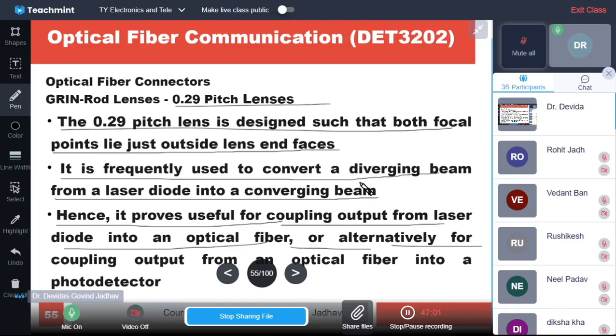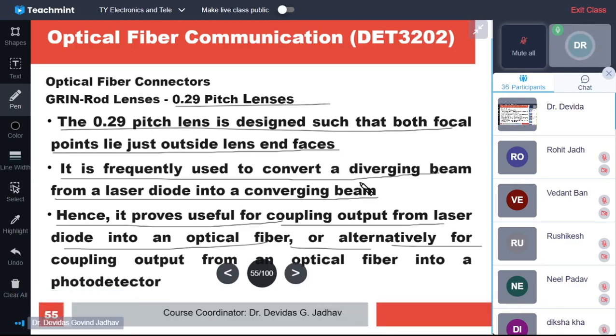Naturally, first they developed the 0.25 pitch lens, but in those cases the focal points are exactly on the face, and that's why connecting the fiber or source may become slightly difficult, and for that purpose 0.23 pitch and 0.29 pitch are useful. 0.25 has two drawbacks.